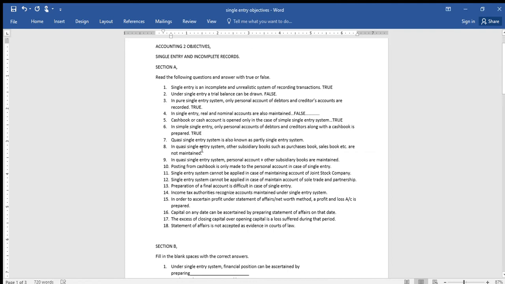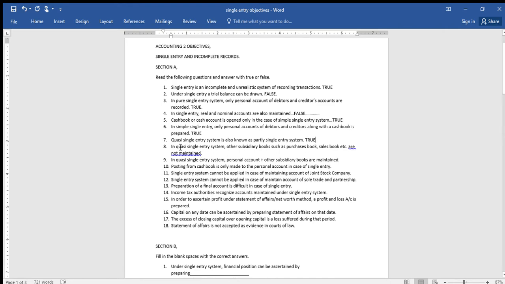Then for number 7, quasi single entry system is also known as partly single entry system. Which is true. Quasi is the same as partly single entry system.